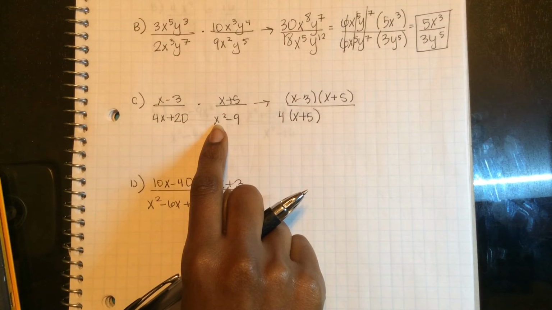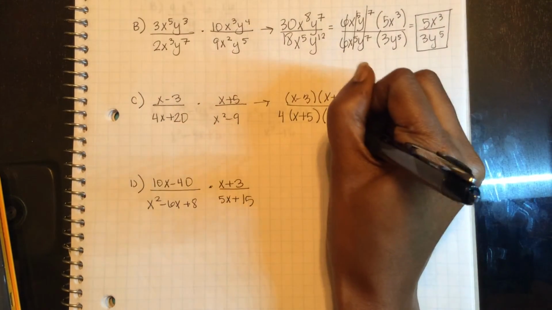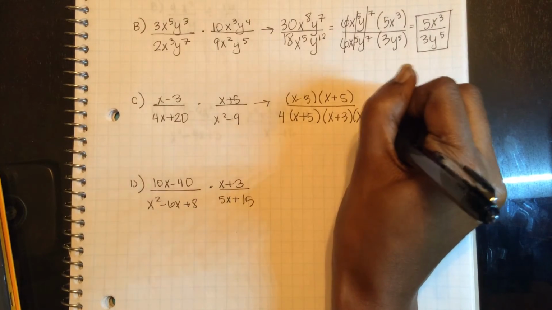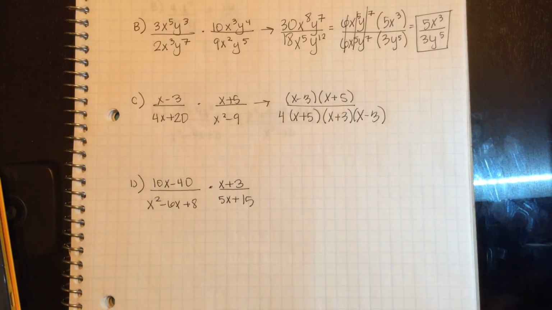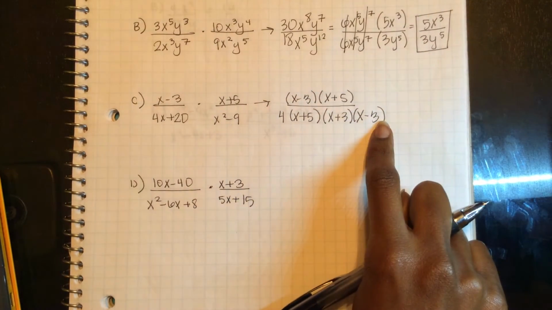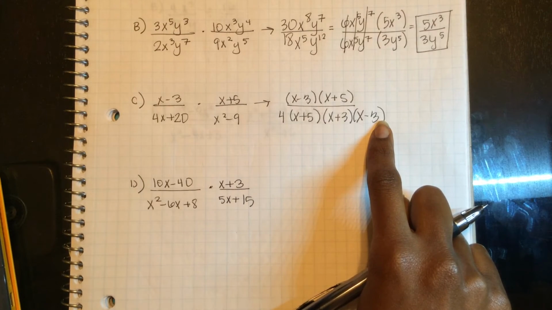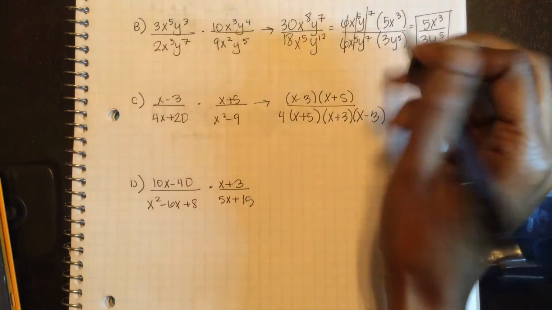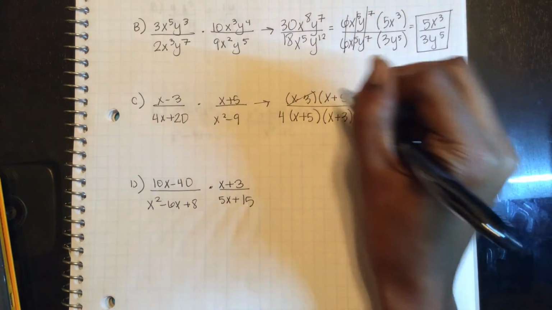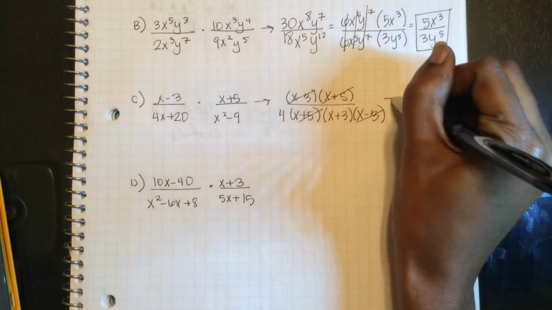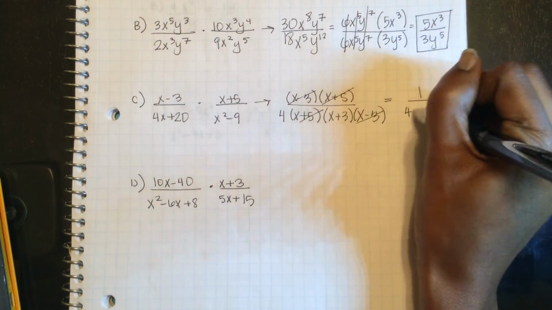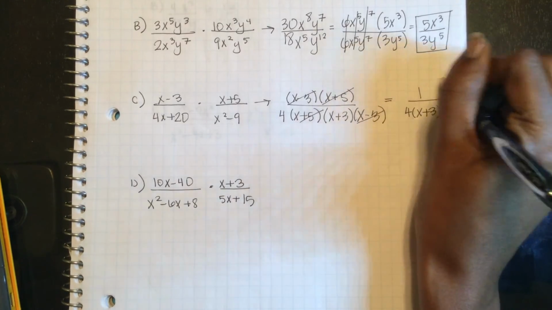And then x squared minus 9 factors to be x plus 3, x minus 3, a difference of squares. Now I could find where this is undefined, but we do not need to do this here. Now I will cancel out my common factors of x minus 3 and x plus 5. So my answer is 1 over 4 times x plus 3.